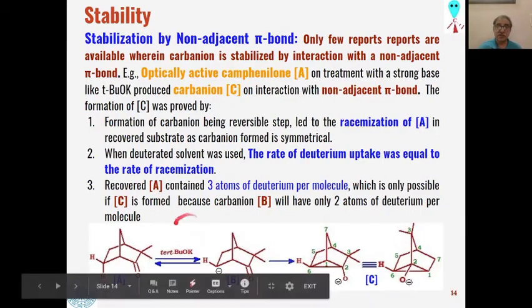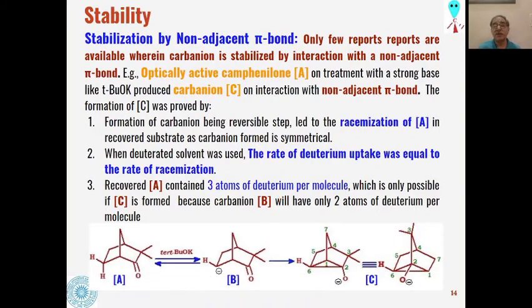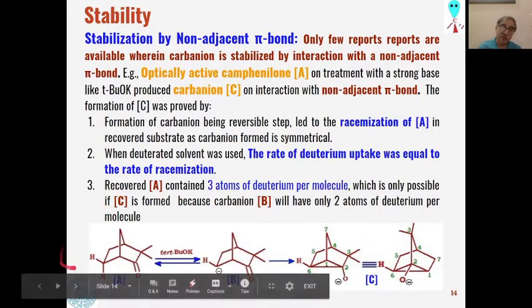So, for example, in this case, camphenilone, this is a natural product. If we take an optically active camphenilone A and treat it with a strong base, these protons can be removed by the strong base and a carbanion can be generated like this.